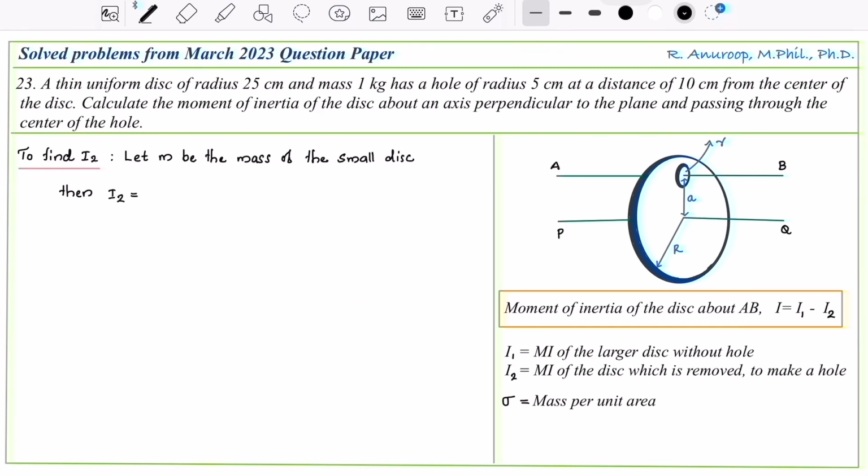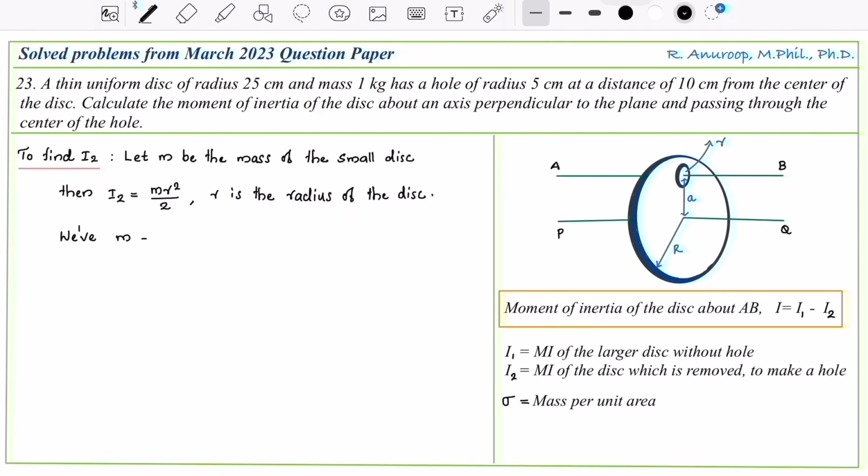Then what is I2? I2 is the moment of inertia of the disk about an axis AB. This AB is an axis which is passing through the center of the disk and perpendicular to the plane. Therefore, I2 is m r square by 2, where small r is the radius of the disk. Let sigma be the mass per unit area. Then mass is equal to sigma into area.